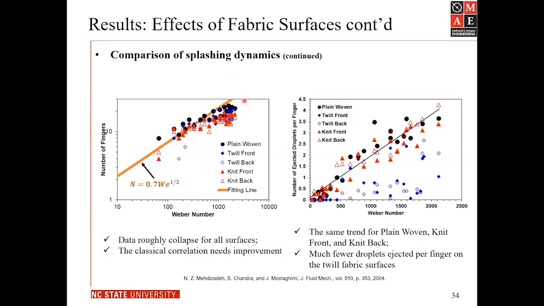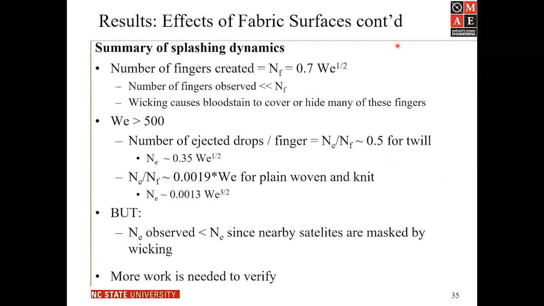Now remember, the number of fingers is proportional to the square root of the Weber number, where the number of drops per finger is either independent of Weber number for the twill or linearly dependent for the knit and the plain woven. So when we combine this information, we can now get information about the drop when it impacts on the fabric.